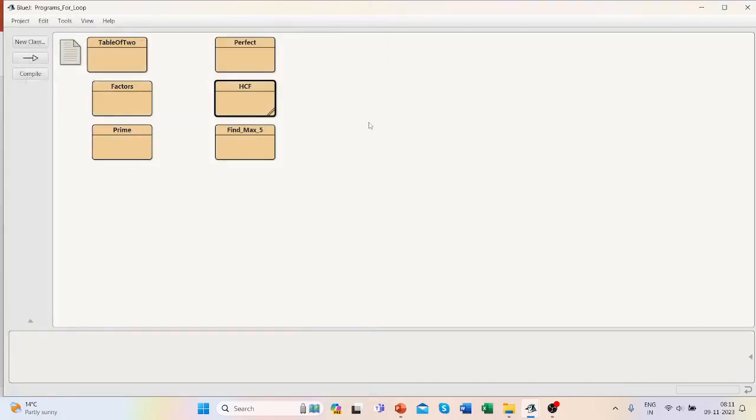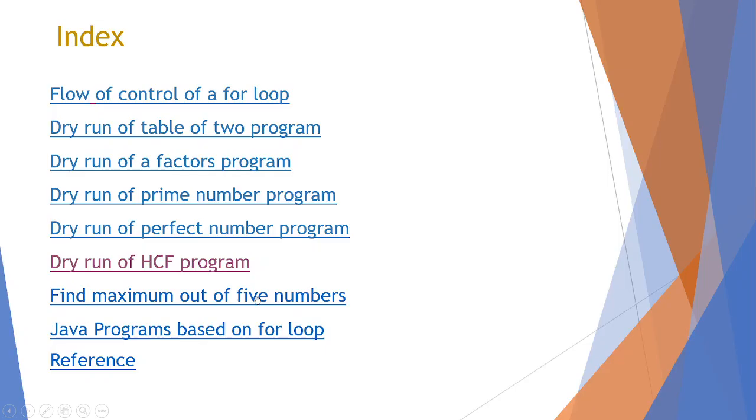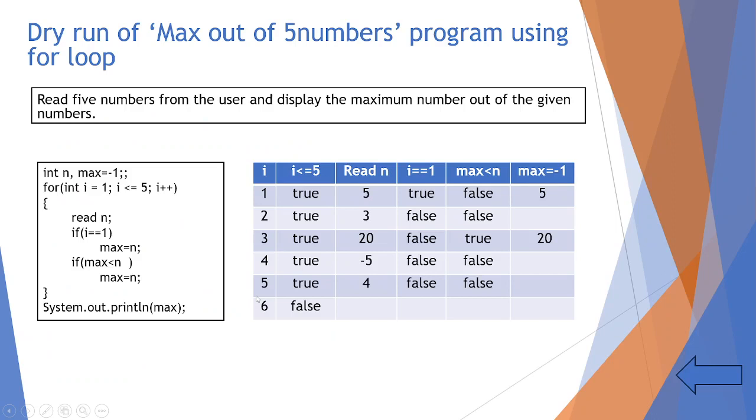This is about the for loop. Inside that, if, or outside that, as a decision making statement, if. Now let's see the last but not least program: maximum out of 5. Read 5 numbers from the user and display the maximum number out of the given numbers.